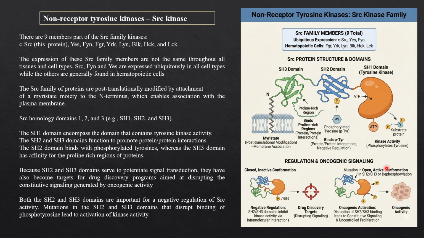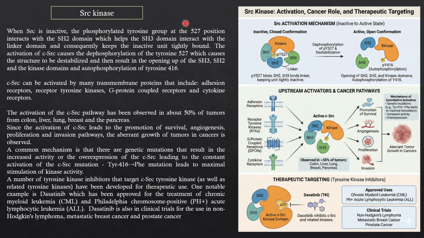This uncontrolled activation leads to persistent signaling pathways that promote cell proliferation, survival, and migration, all of which can contribute to oncogenic transformation. Because of this, the SRC kinases are important targets in cancer therapy, and efforts are going on to develop drugs that inhibit the abnormal signaling activity.